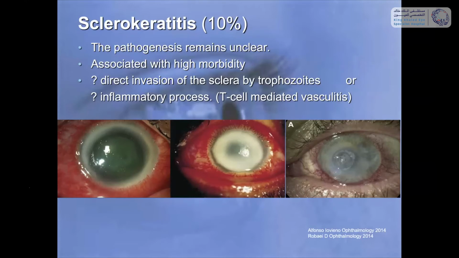Why is there sclerokeratitis? It could be due to direct invasion of the sclera by the trophozoite or an inflammatory process mediated by T cells, so T cell vasculitis might be the cause. As you can see here, the infiltrate reaching up to the sclera. Also in this case here, long-standing scleritis.